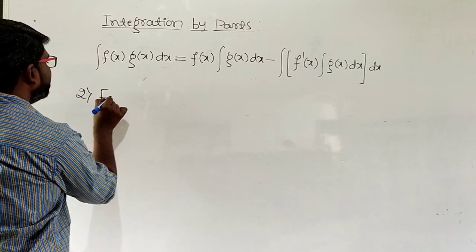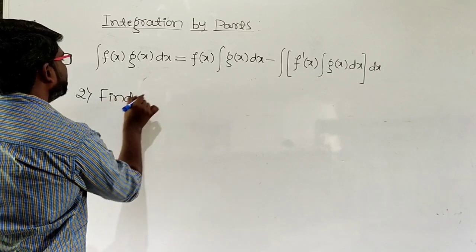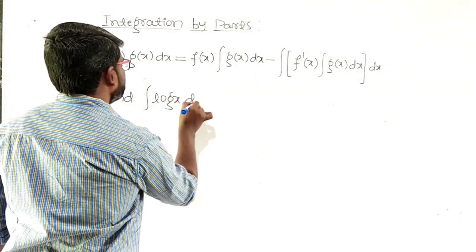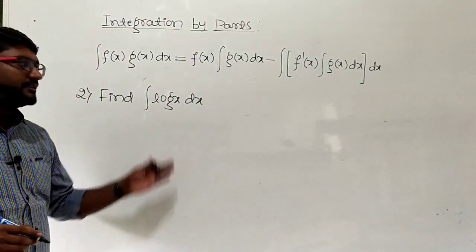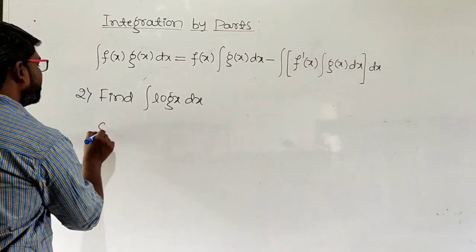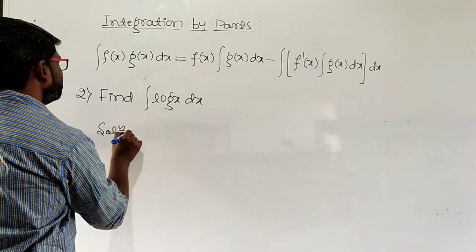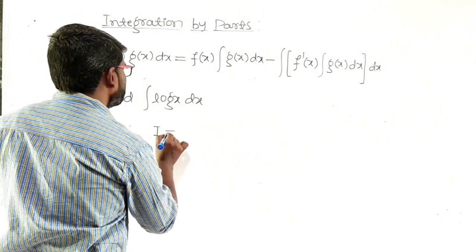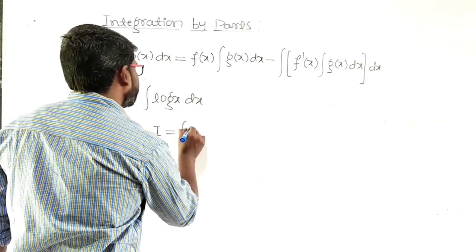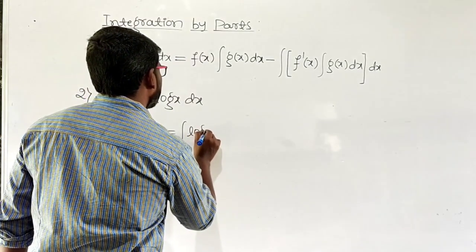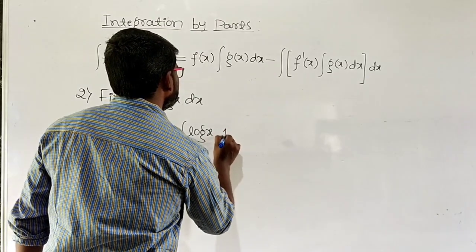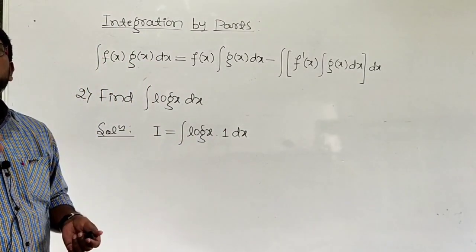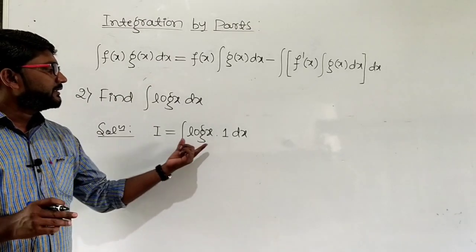So let us go for the second example problem. Find the integral of log x dx. Now the solution. Here I equals the integral, which can be written as log x into 1 dx, and we have to follow the ILATE rule.